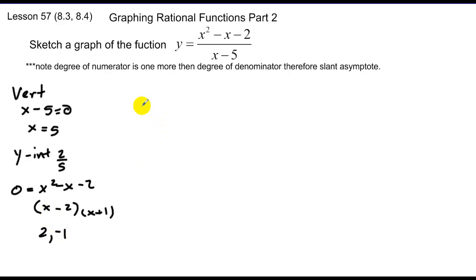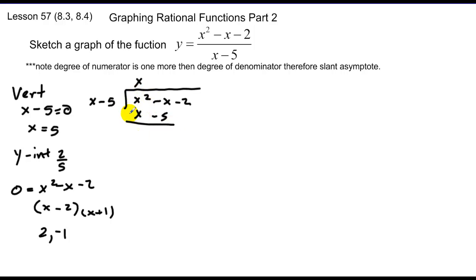And then finally we'll tackle our slant asymptote. And I'm going to use long division. I could use synthetic, but I'm just going to use long because in some cases it won't end up nice, and this will be a good review anyways. We have x squared minus x minus 2. We say x times what is x squared? That's an x. We have x squared minus 5x when we multiply.